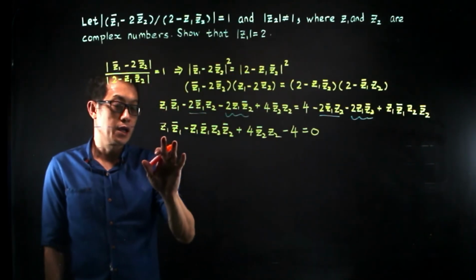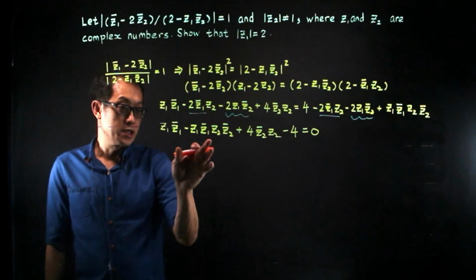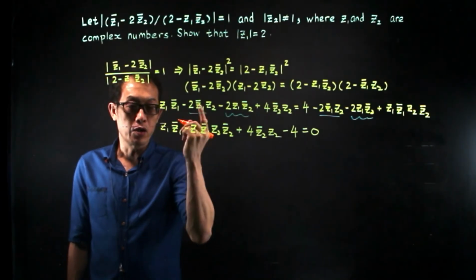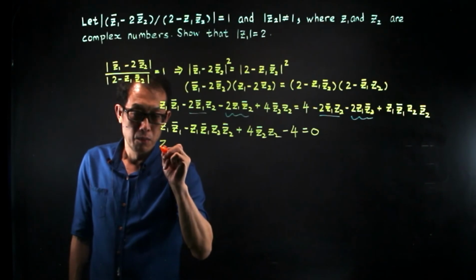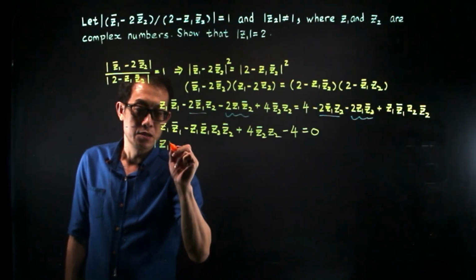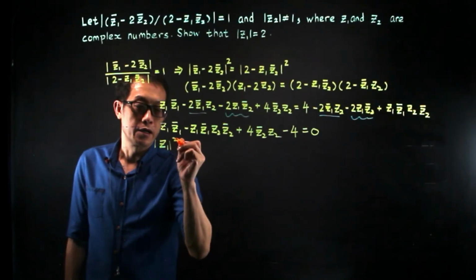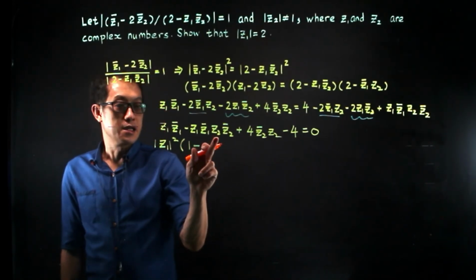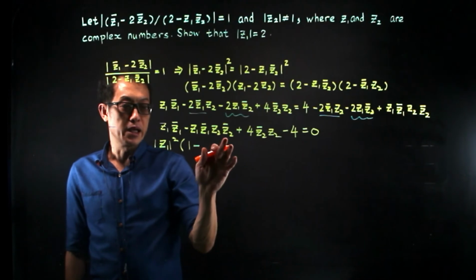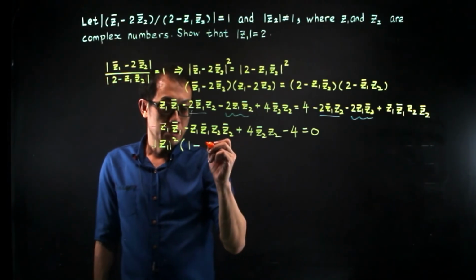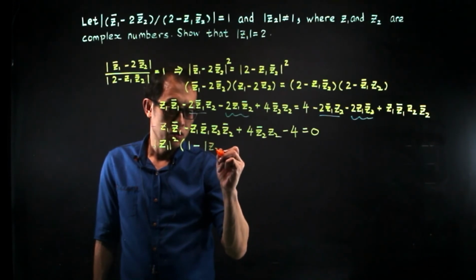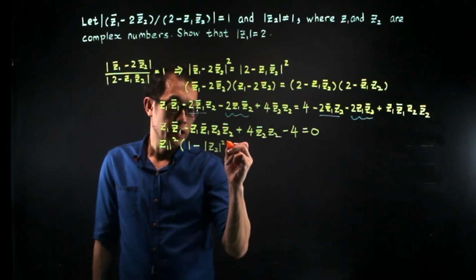Now z1 and conjugate z1, I can bring it out. This z1 conjugate z1 is actually the modulus of z1 squared. All right. So here I have 1 minus z2 conjugate z2 as the remaining term. So this will be the modulus of z2 whole thing squared.